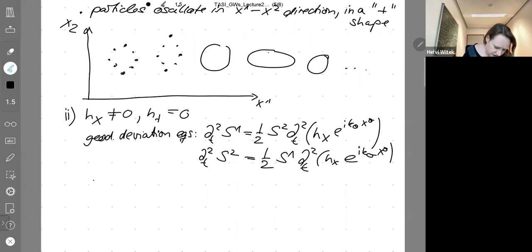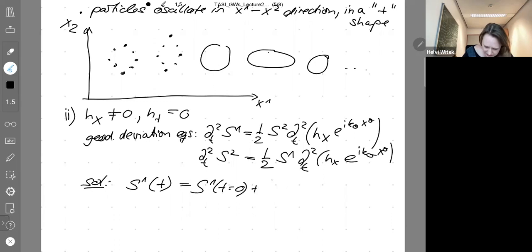The solution to these equations is the following: the S1 component as a function of t is given by its initial value at t equals 0 plus 1/2 h cross e to the i k_σ x^σ, and then a dependence on the initial value for component 2.